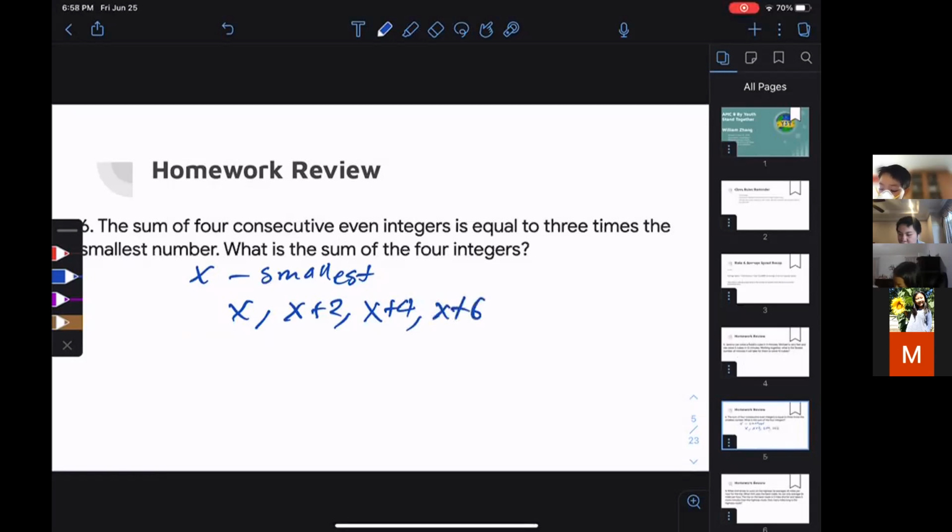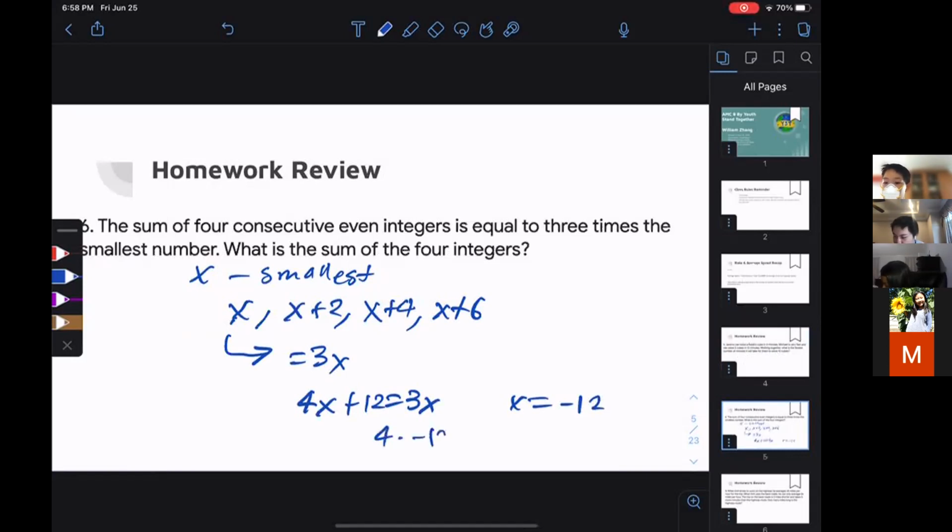So that sum equals 3x. So there is 4x plus 12 equals 3x. So x equals minus 12. So the sum equals minus 36.